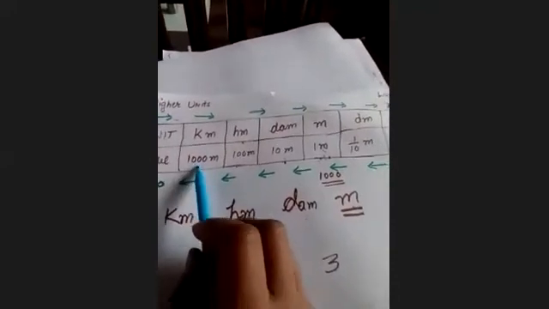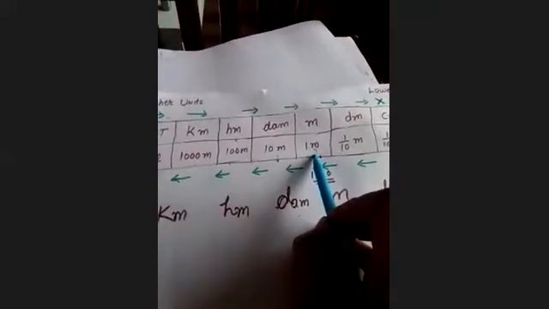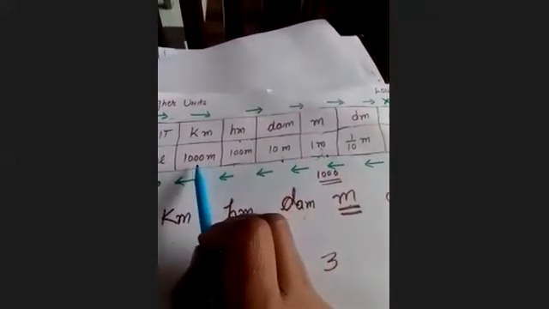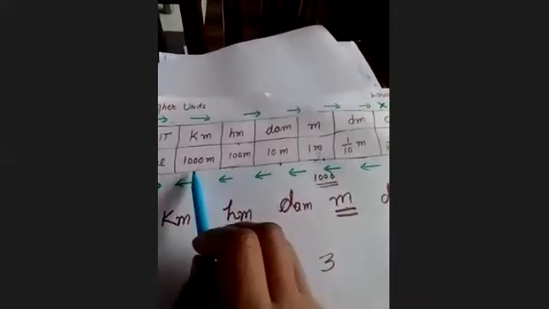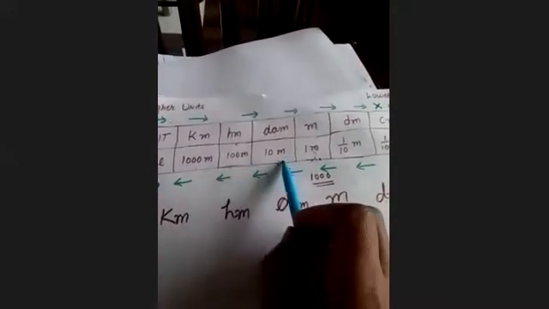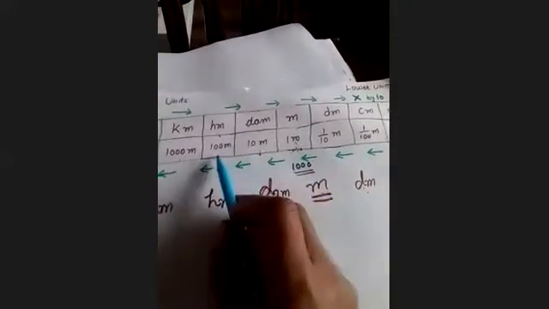For example, if we convert kilometer into meter, then count the steps: 1, 2, 3. Three steps. It means you multiply by 1000.